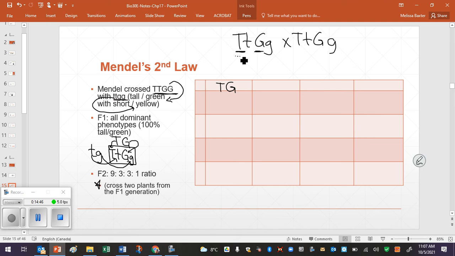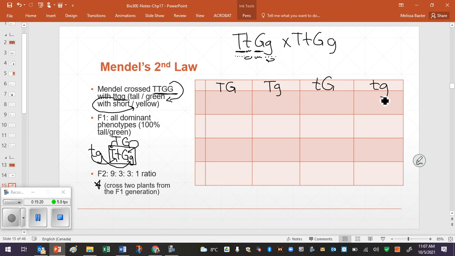Or dominant allele for height, but recessive allele for color. So capital T, little g. I could also make a gamete that has recessive allele for height, dominant allele for color. So little t, big G. And then I could make one more, I'll just do a little circle here, that has the recessive allele for both traits. Little t, little g.